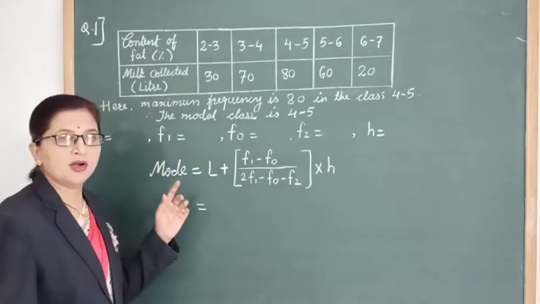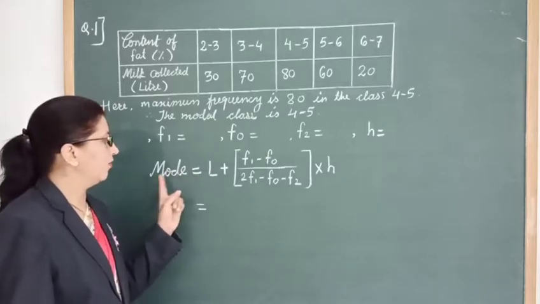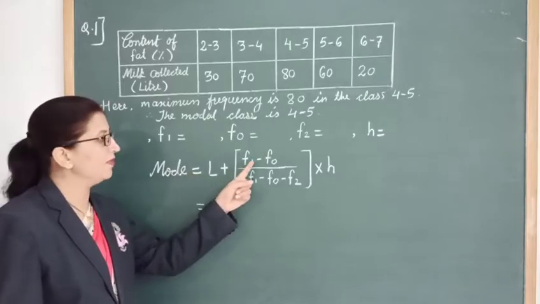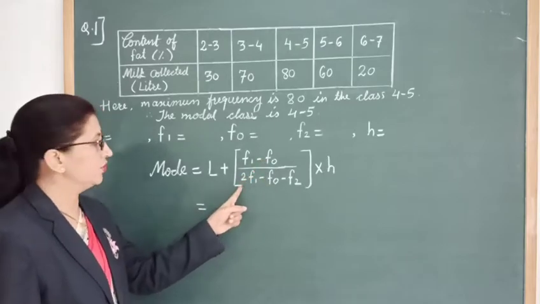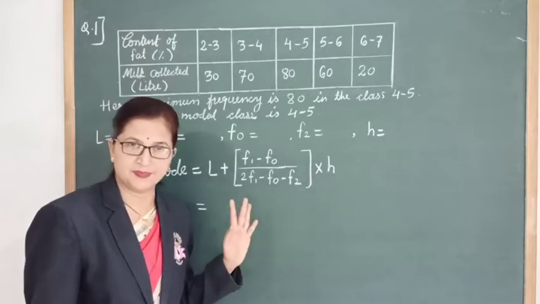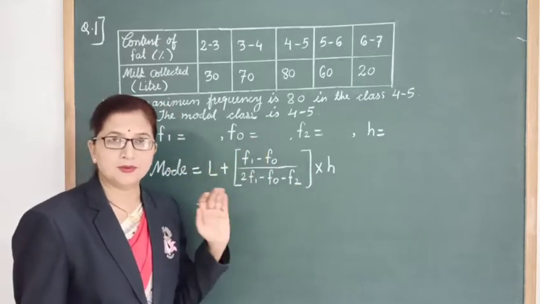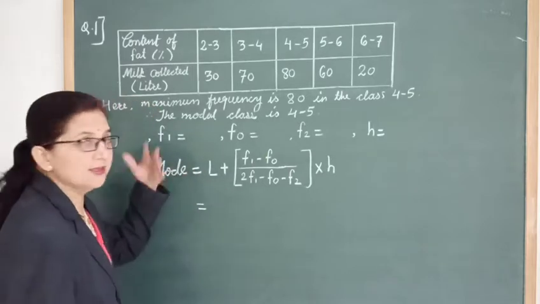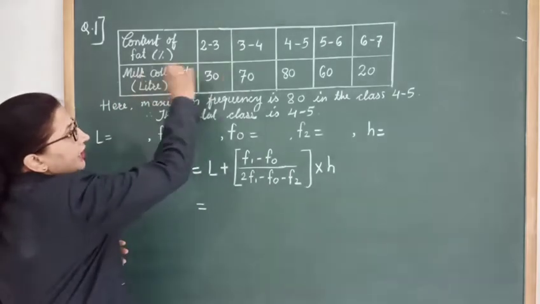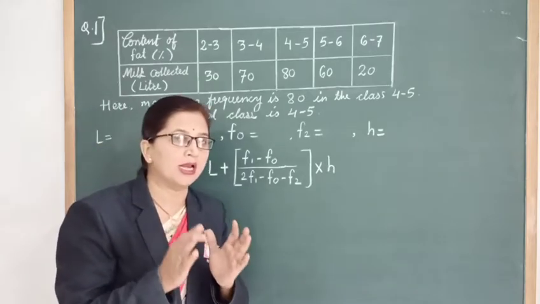As we know in the formula, we are using letters: mode is equal to L plus (F1 minus F0) upon (2F1 minus F0 minus F2), multiplied by H. What are these F1, F0, F2? Let's see. In the given table, first of all, we have to select the modal class.